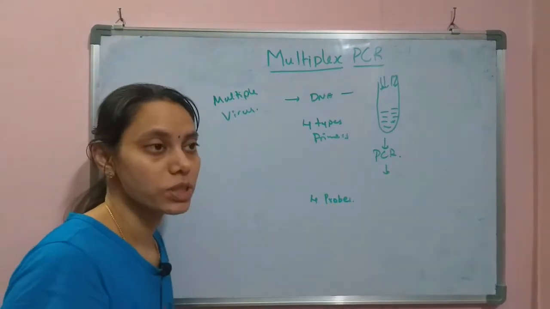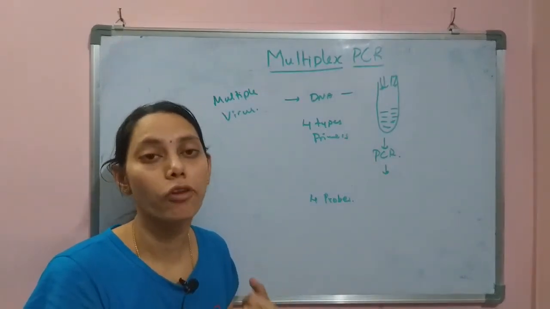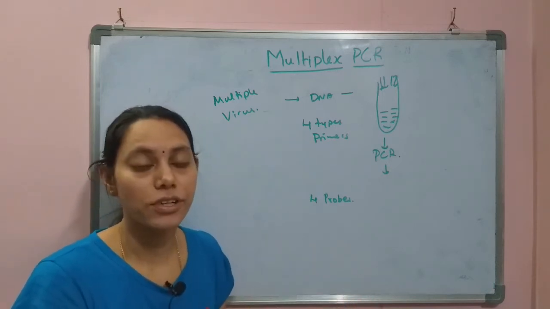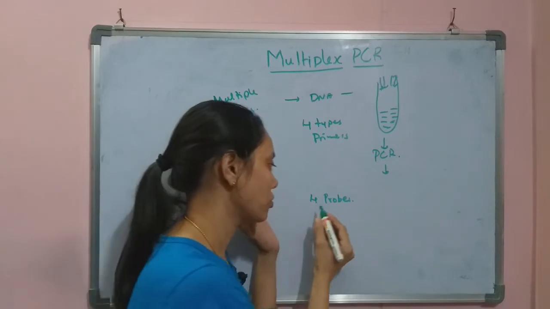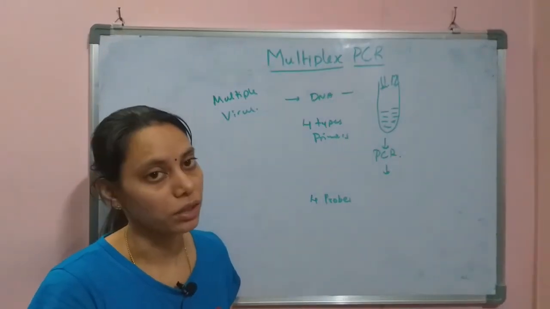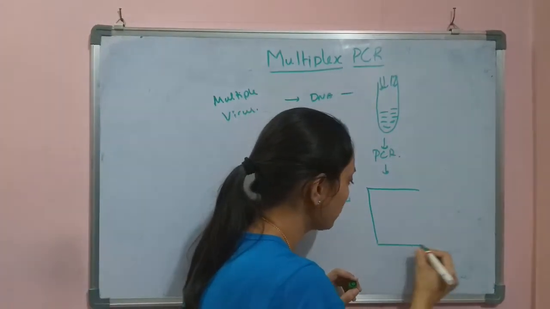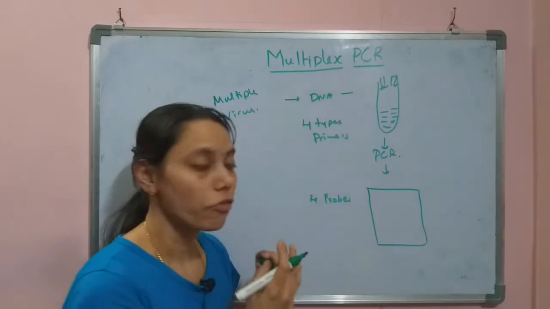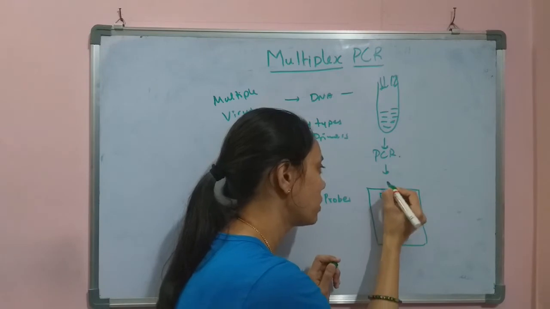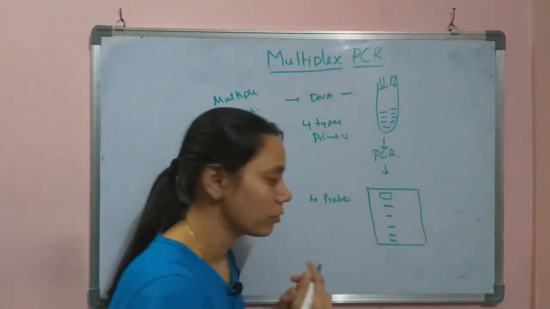These probes may be fused with some fluorescent marker so that the detection process is real time and easy for us. Generally these probes are combined with a fluorescent marker so that we can observe them on the gel electrophotogram. After the PCR reaction is carried out, load the gel and bands will be formed.